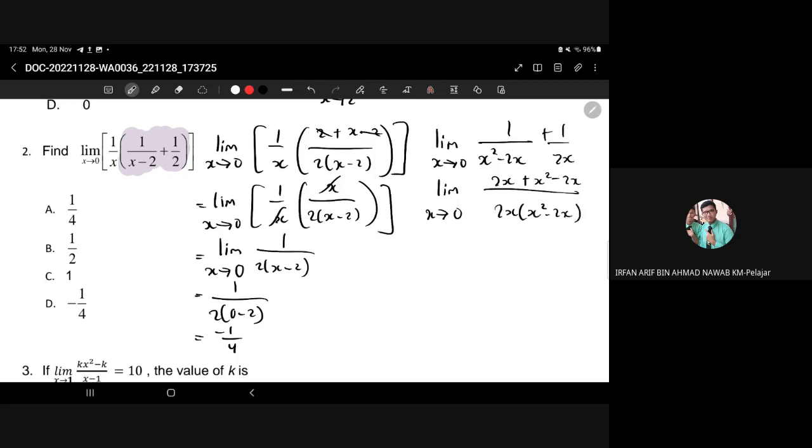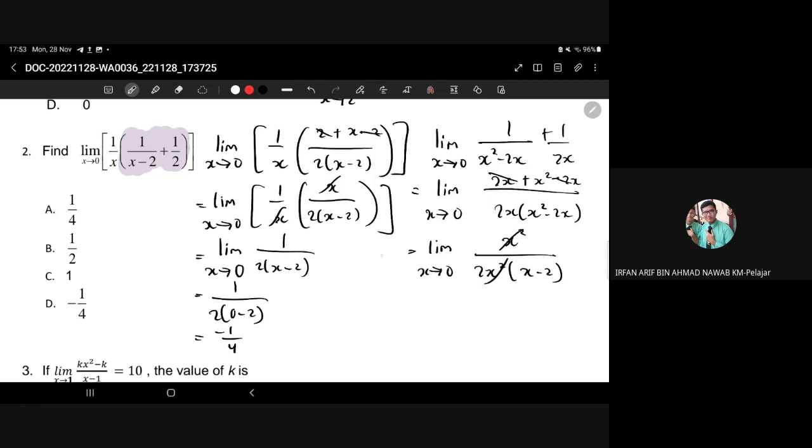From here we can simplify, and then we can factorize our denominator to get x squared over 2x squared, x minus 2. And then as usual, we will get the same thing lah. We will get the same thing.